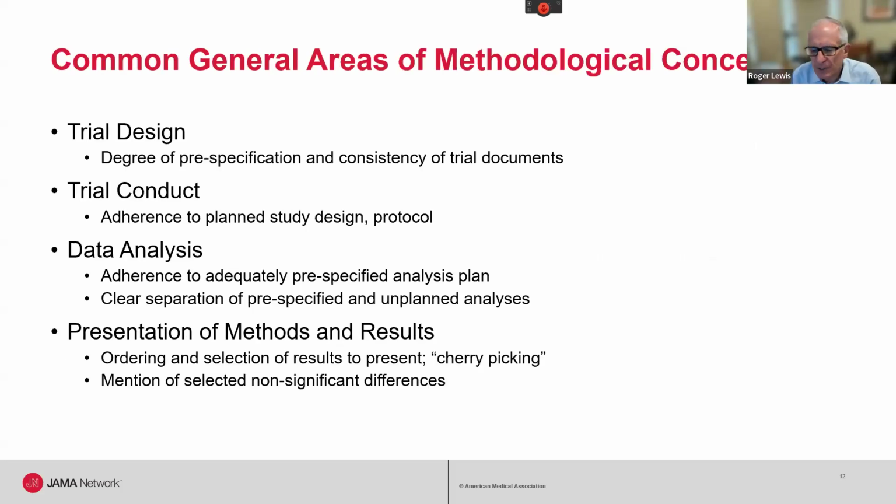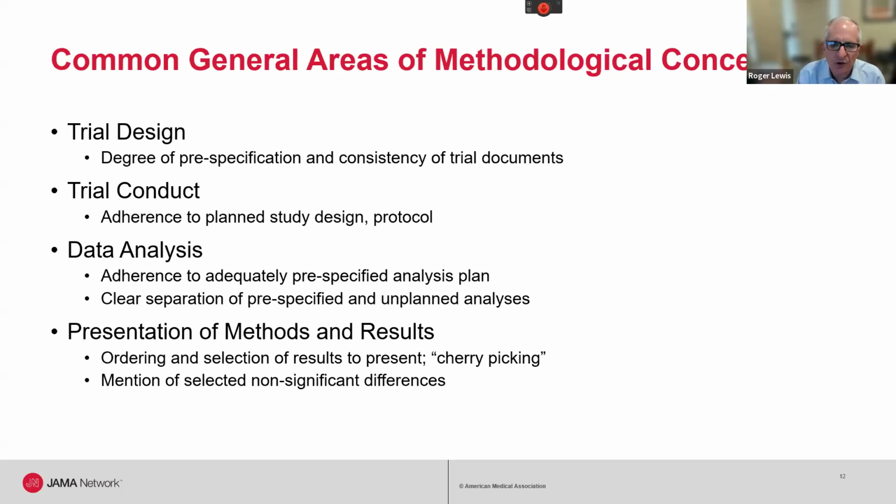So what things get people into trouble? These are the kinds of things that result in less enthusiasm for a submitted randomized clinical trial manuscript that are potentially avoidable if you can consider them throughout the process of design, conduct, and analysis.